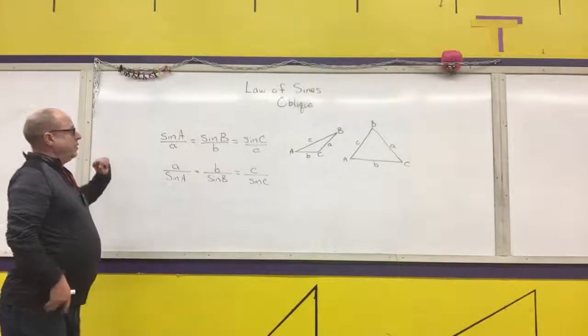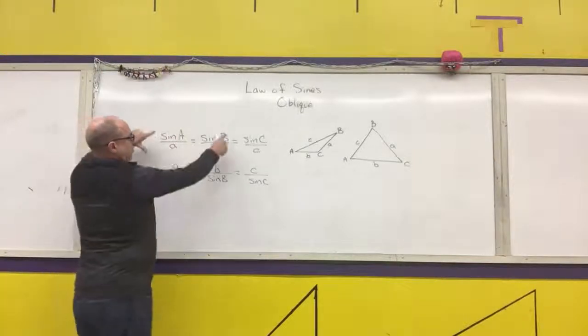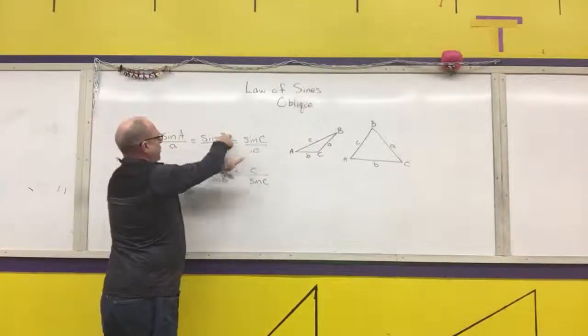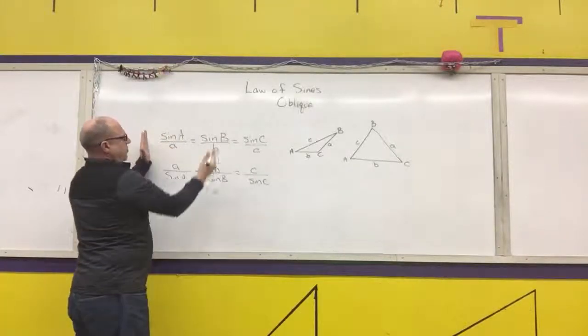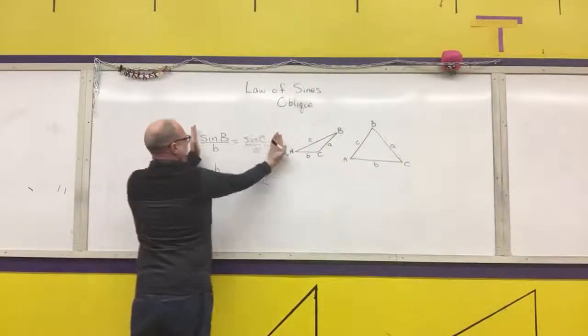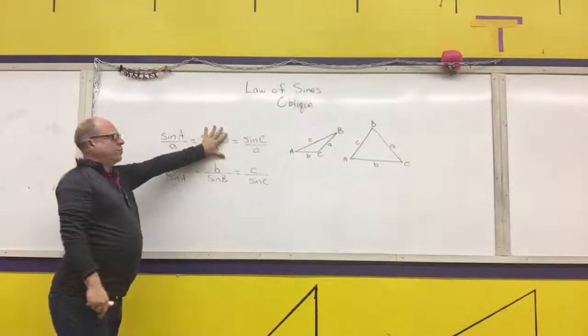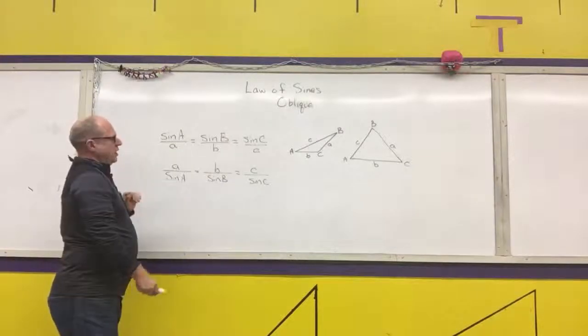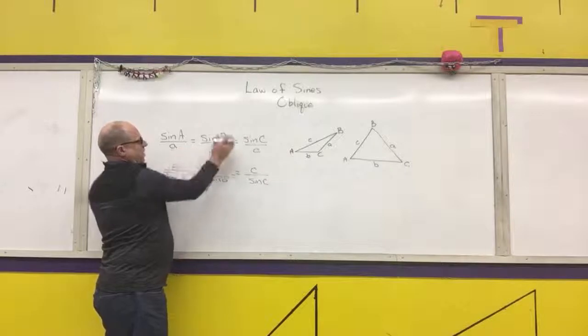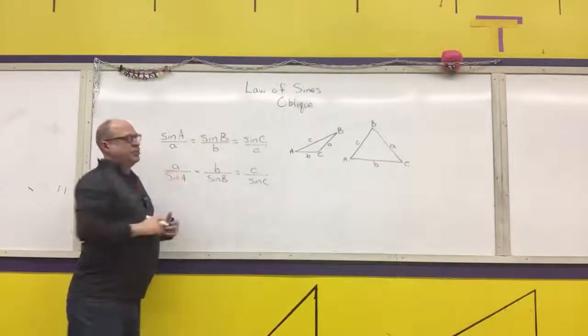So if you're given two angles and a side that matches one of the two angles, so if you're given 3 out of 4 pieces of information in one of the proportional relationships, you will use the law of sines. You need to have 3 out of the 4 so you can set up the relationship.